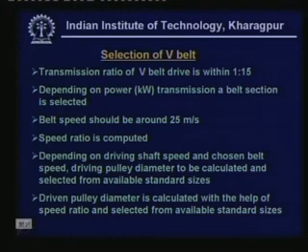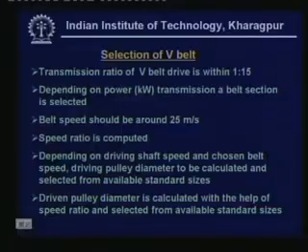So that will be the best way to choose. Secondly, the belt speed should be around 25 meters per second. Normally the most optimum speed of a V-belt drive is somewhere in the vicinity of 25 meters per second.